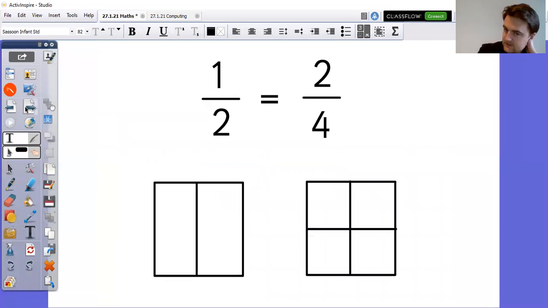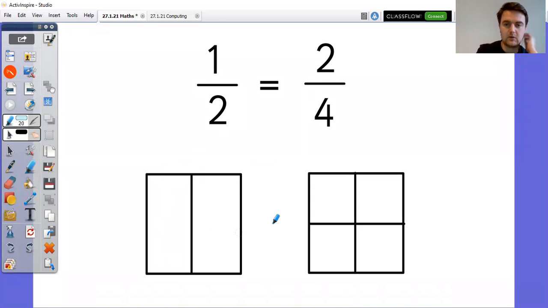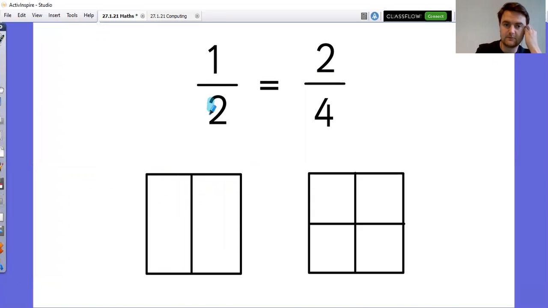Now, if I have a look at that with our shapes here, if I've got my whole here, it's split into two because I've got it split into two parts. I can tell that from my denominator. And I'm shading one of those parts in. I can tell that from the numerator. So I'm going to very quickly and not particularly tidily shade in 1/2.